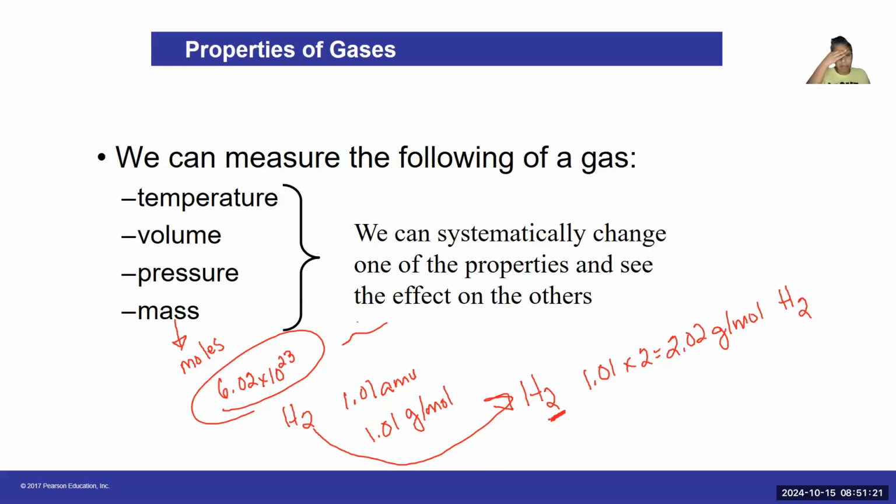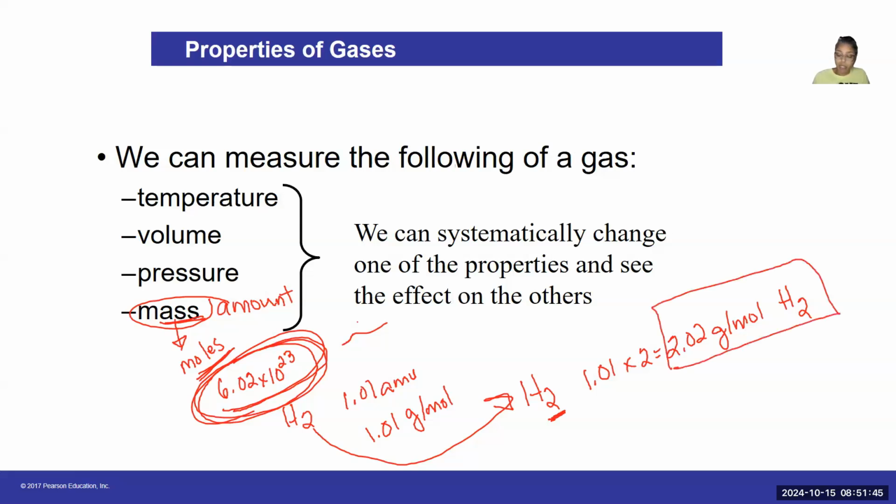So essentially, we're measuring the amount of a gas, and we can look at the mass, or we can look at the number of moles. And remember, a mole of any substance is going to be 6.02 times 10 to the 23 particles. For hydrogen gas, the mass of that 1 mole is 2.02 grams per mole.